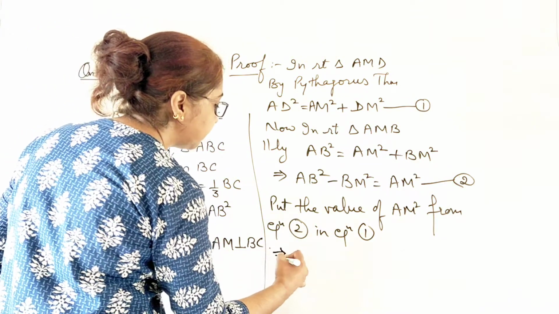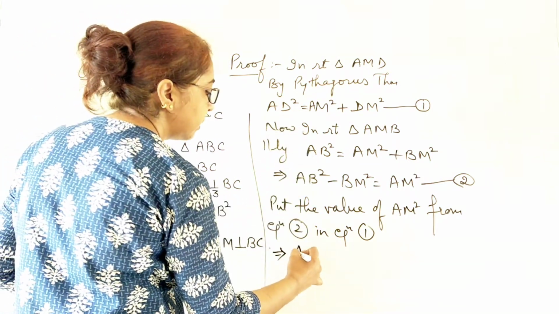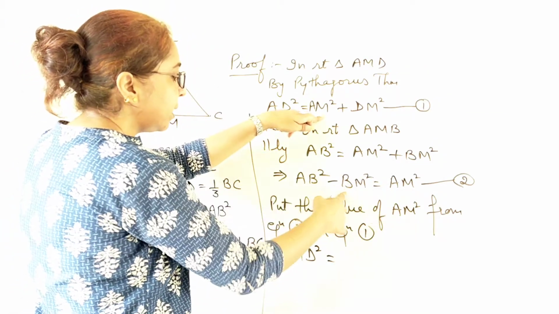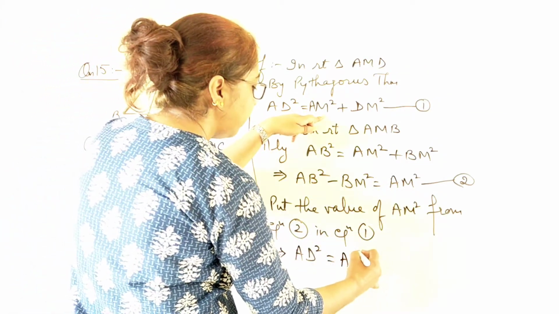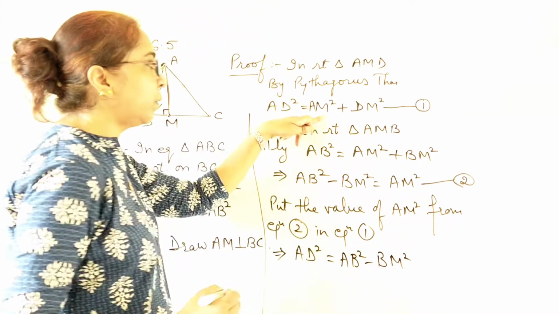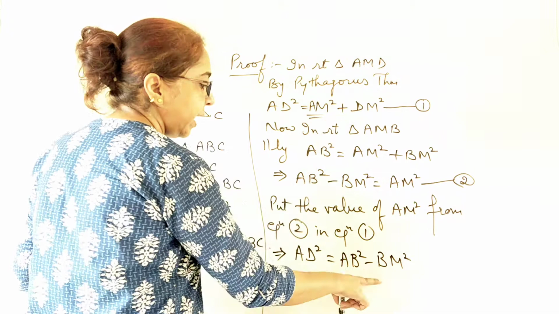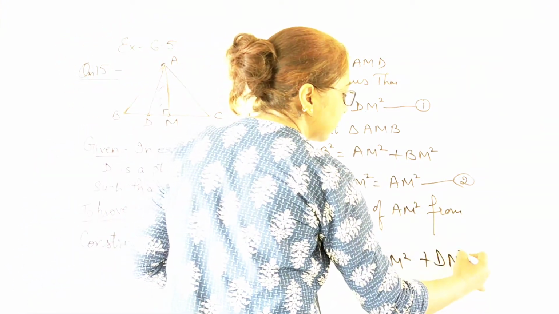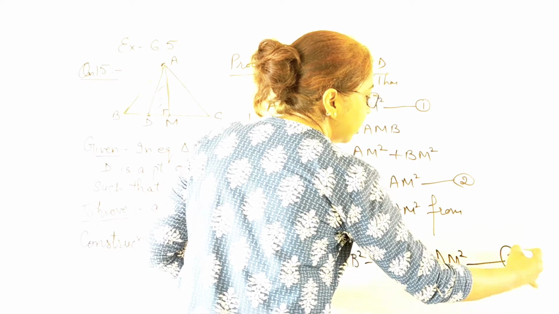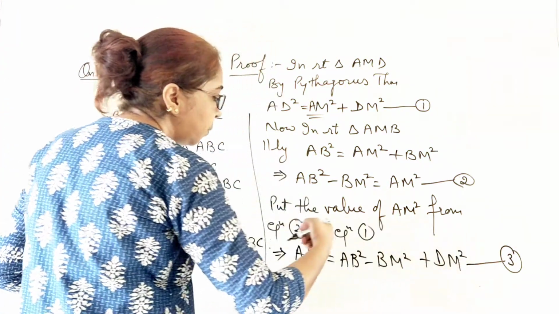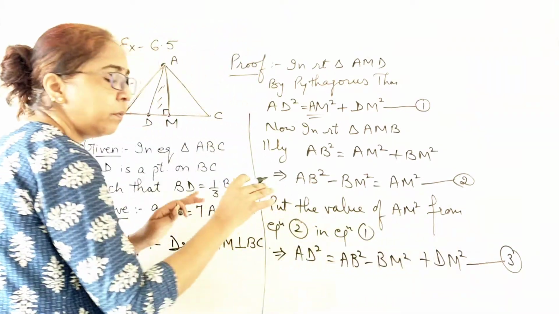We get AD square equal to AM square, and AM square is AB square minus BM square, plus DM square as it is. This is number 3. So we have just removed AM square from here.